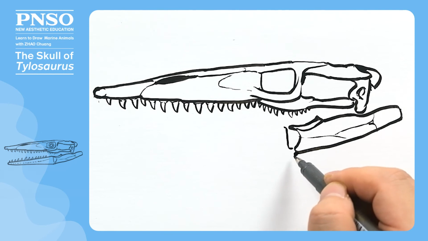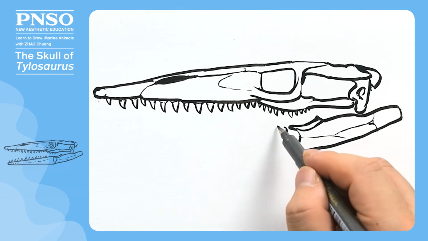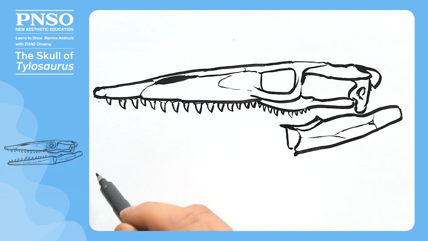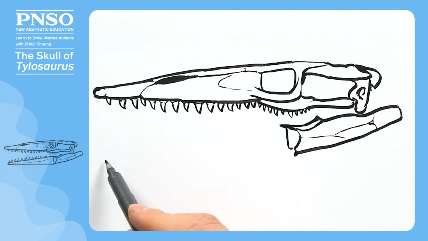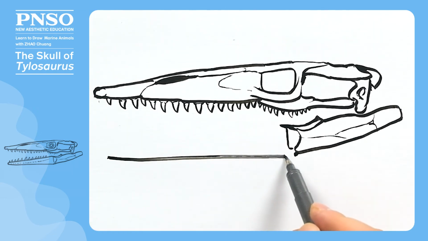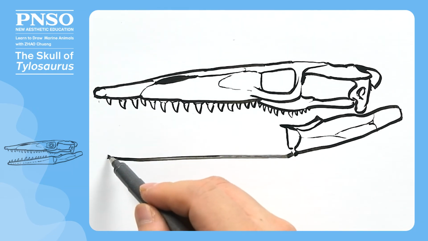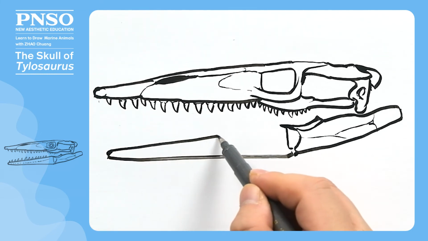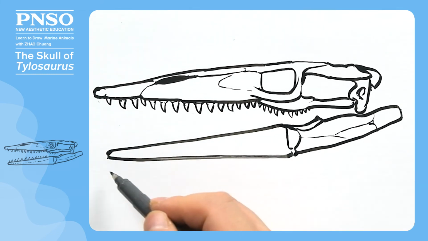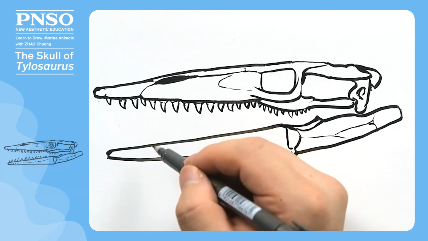Here was the widest part of the entire lower jaw, and then forward, the lower jaw became narrow, and the front section was called the dentary bone.